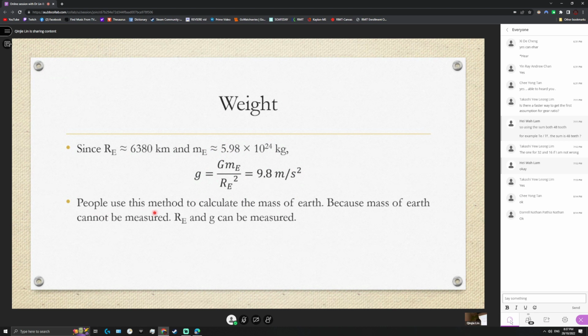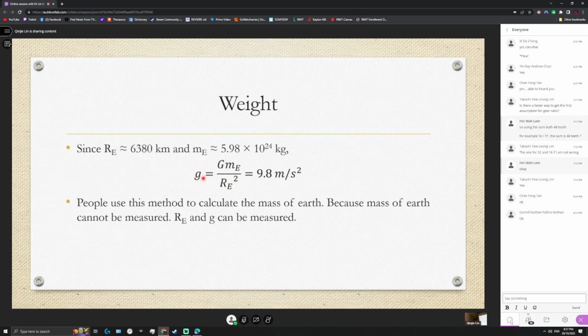So people use this method to calculate the mass of Earth, actually. This relationship: g equals G M_E over R_E squared. Because the mass of Earth cannot be measured, correct? We cannot possibly go and weigh the Earth. So how do we know that it's 5.98 times 10 to the power 24? Because g can be measured.